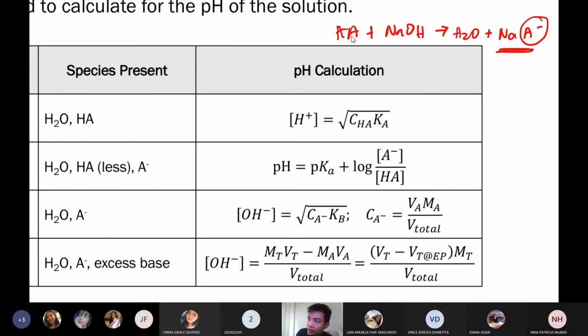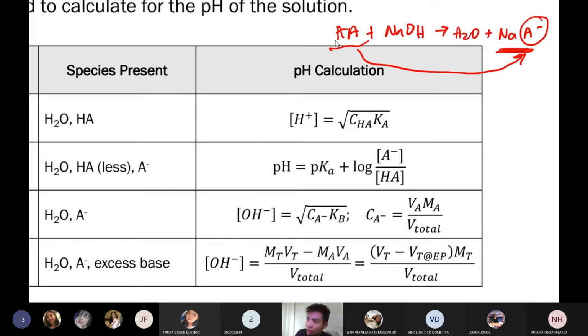Okay. So ang nangyayari is that at equivalence point, lahat ng ating HA na convert na into the conjugate base. Yun yung idea ng chemical equation na to. Okay? So if you want to determine the concentration of this, kunin mo yung moles neto and you divide it by the total volume of the solution.